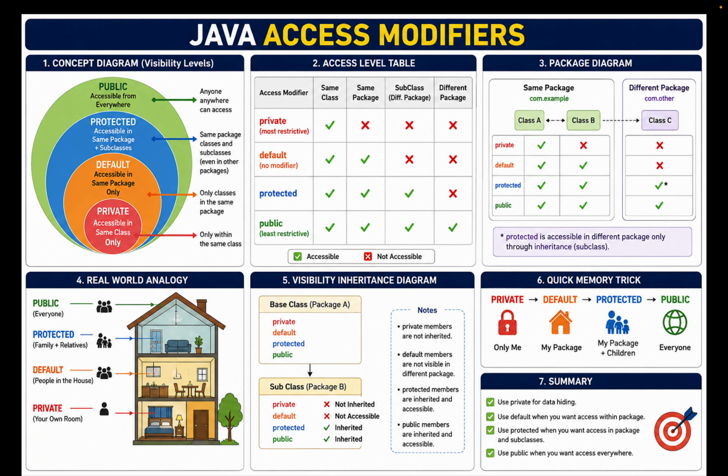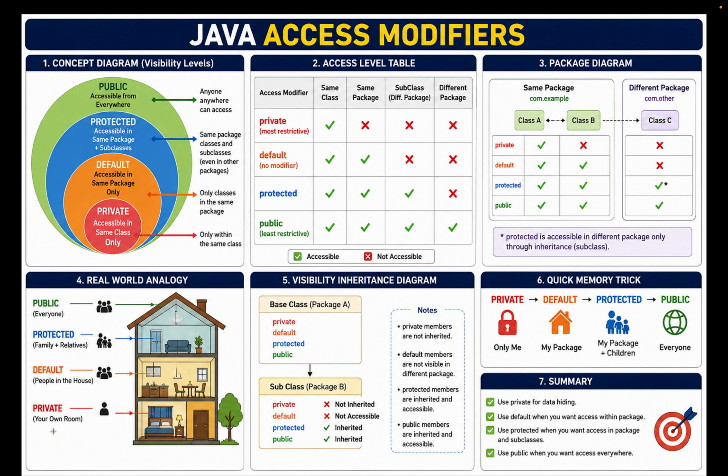And default is the common area, meaning people in the house can see or move around. And private is most restricted, like your bedroom.